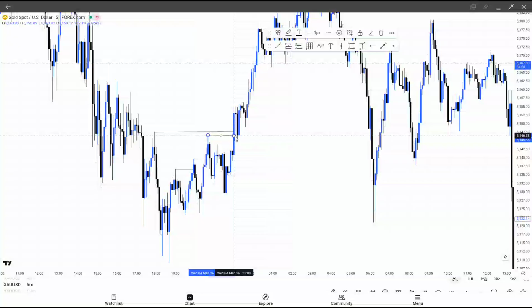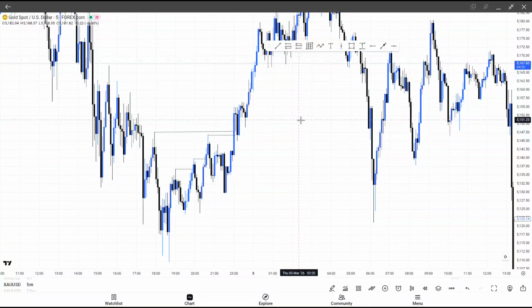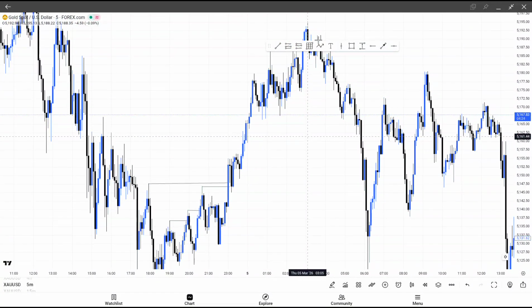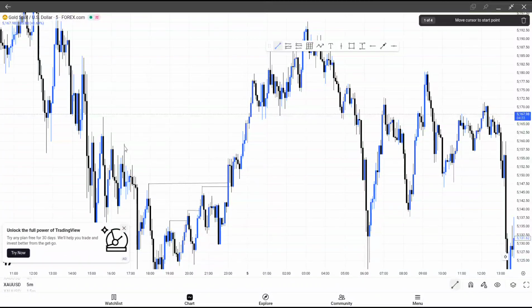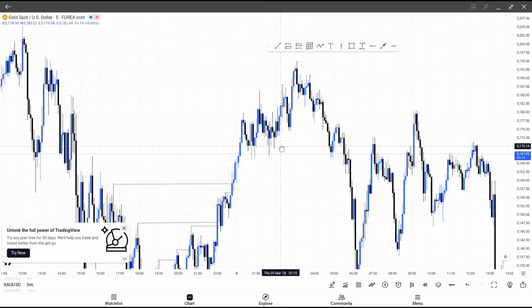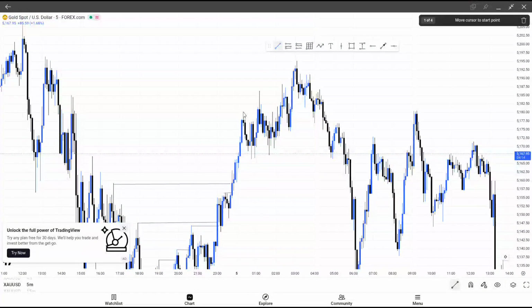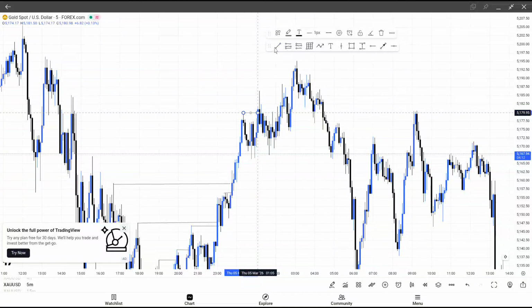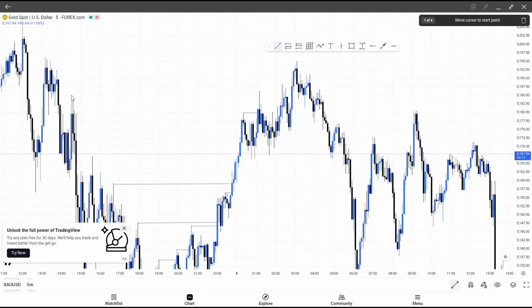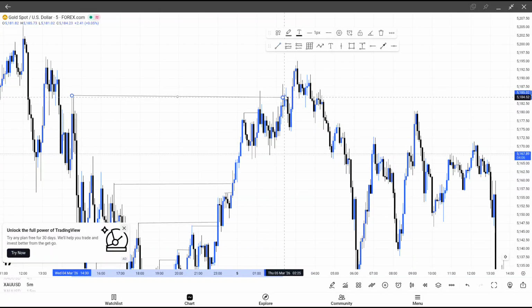I am giving you the double break of structure because I know that I've taught you the first one. We have another double break of structure around this place. So the market has been building itself. We have a break of structure here, and a double break of structure around this place.